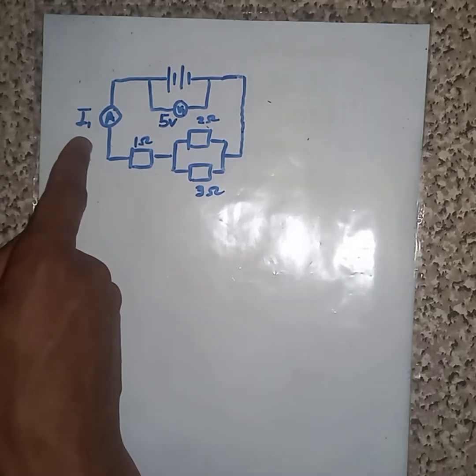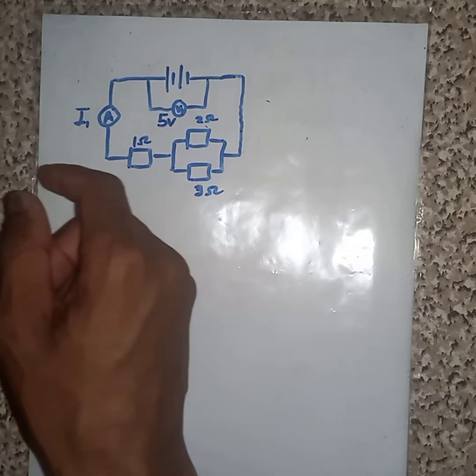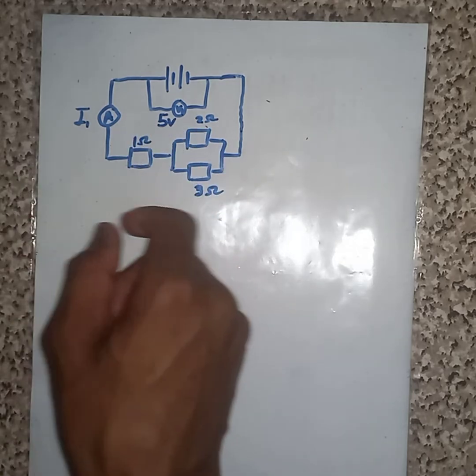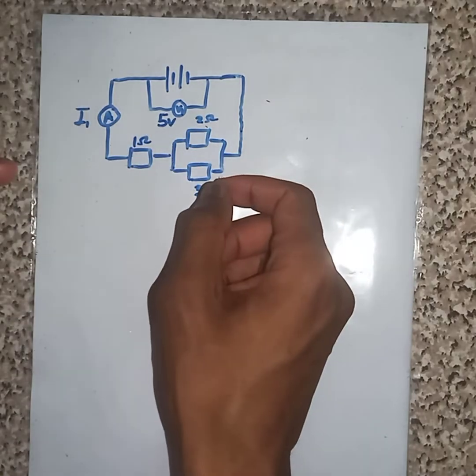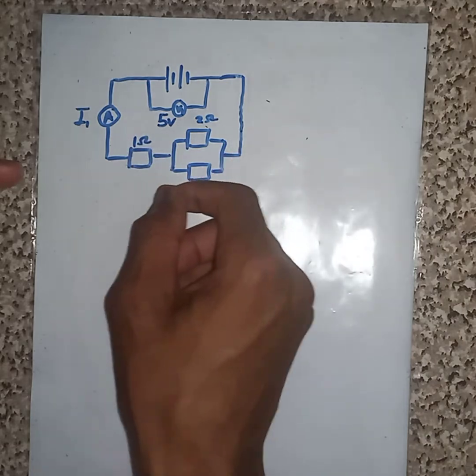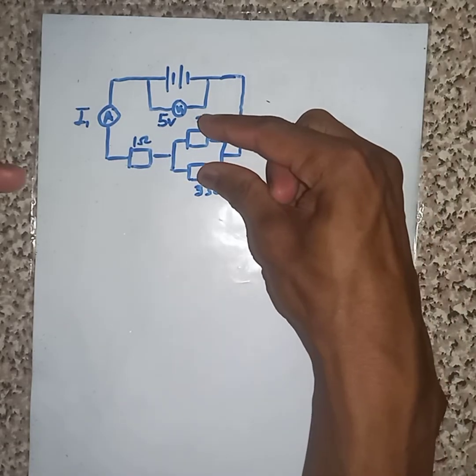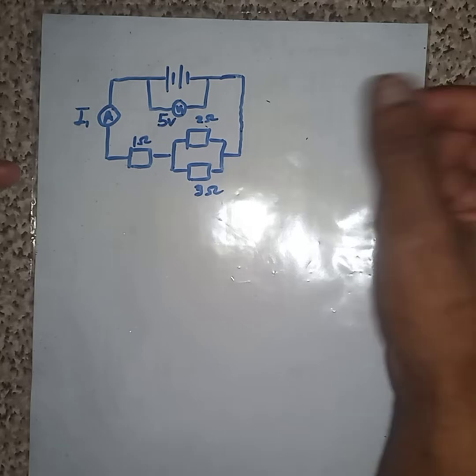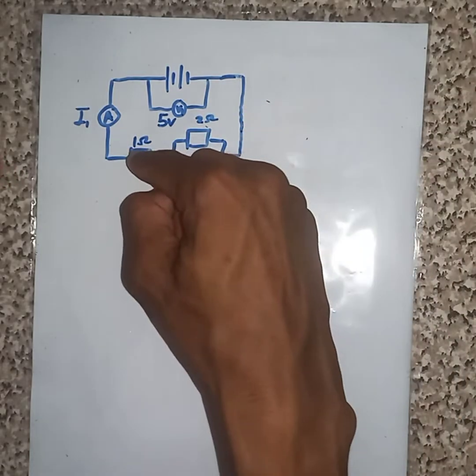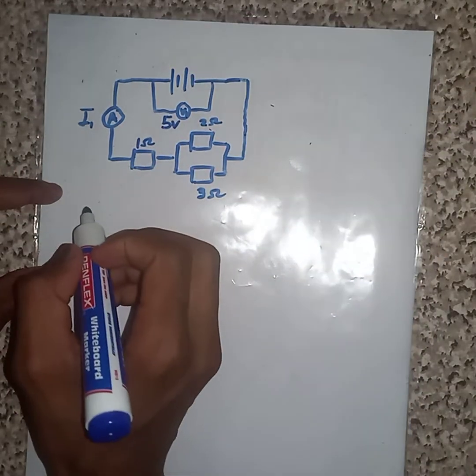For us to find I1 there, we have to find the total resistance of this circuit. Firstly, we will work out the parallel components, then we'll add it to this one. How? Like this.